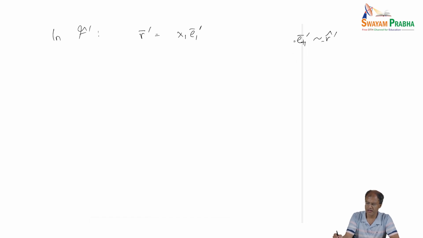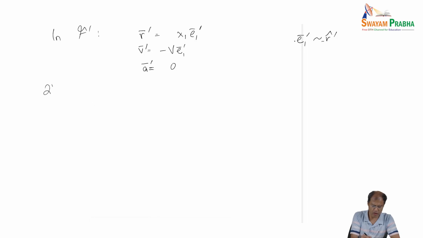And then our velocity v prime is minus v E1 prime, and a prime is 0. So there is no acceleration in the moving frame.